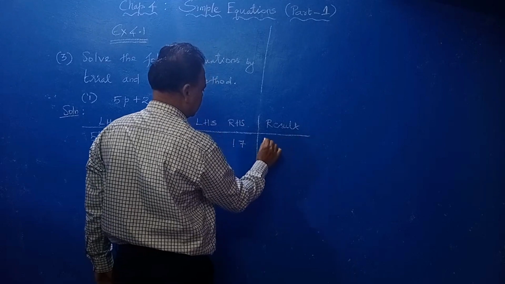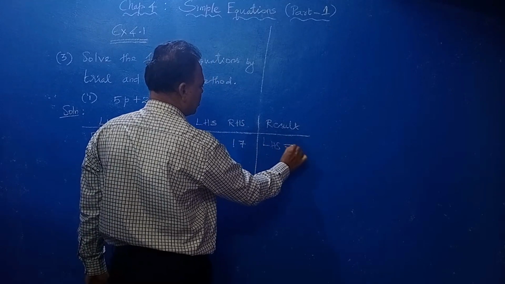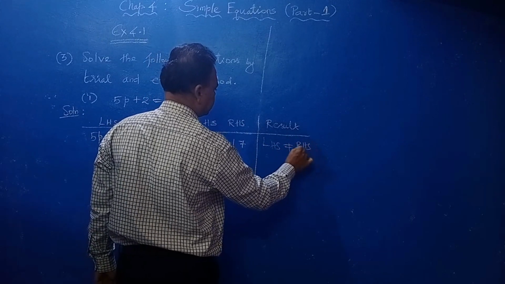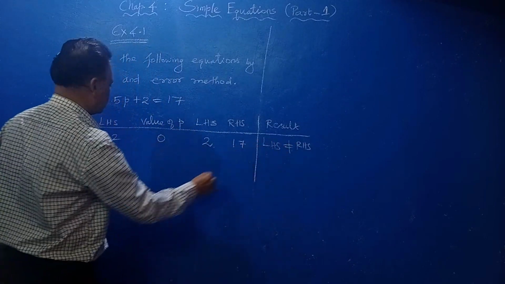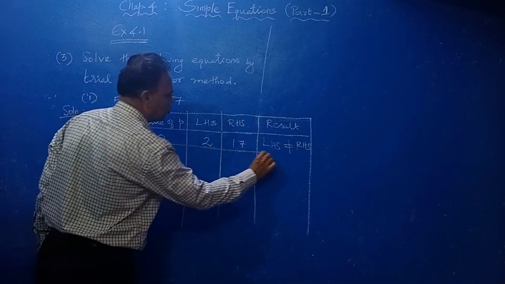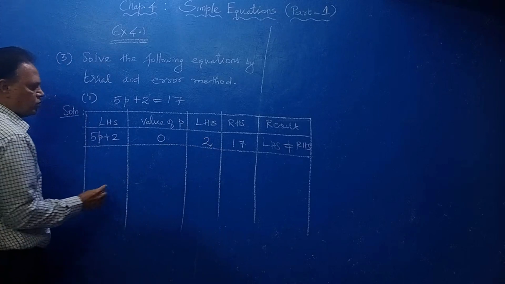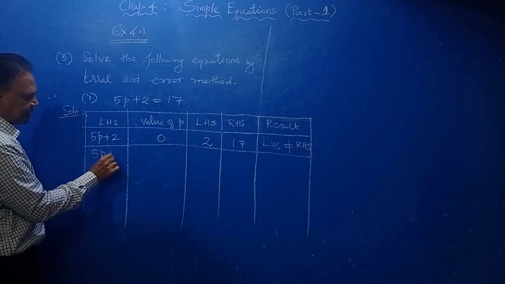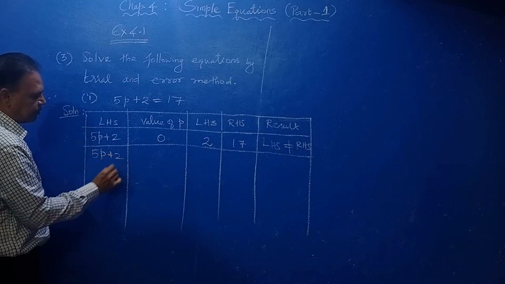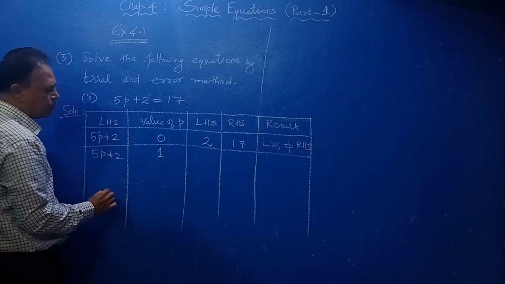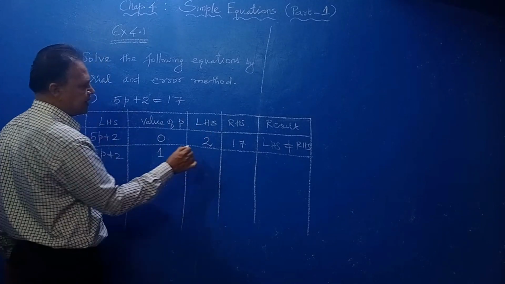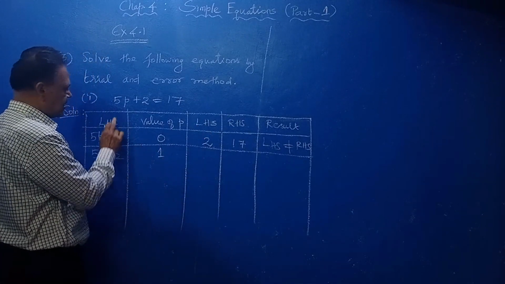The result is LHS not equal to RHS for value 0. Now the same way, write the left hand side.